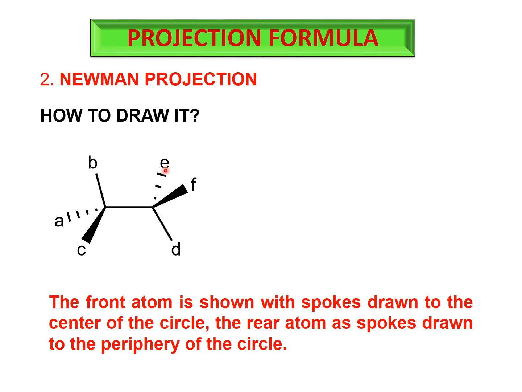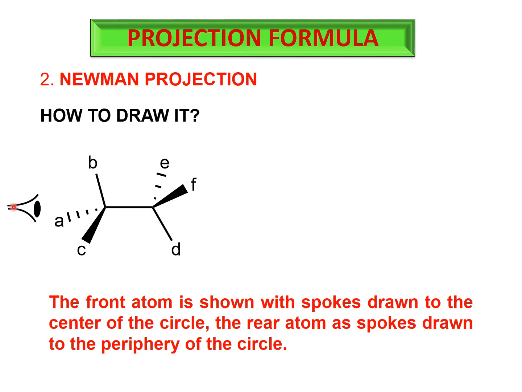Now, how to draw a Newman projection for this structure? For that, you have to view the molecule from an angle from where you see this carbon atom that is closer to you, and you cannot see this carbon. So you are looking at it along this carbon-carbon bond. See, your eye is right in front of this carbon-carbon bond.